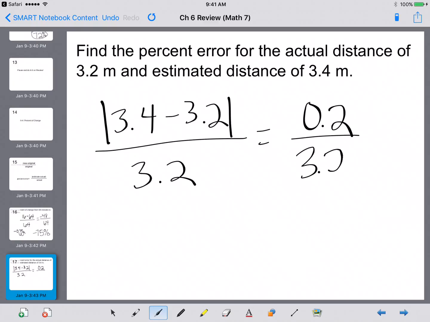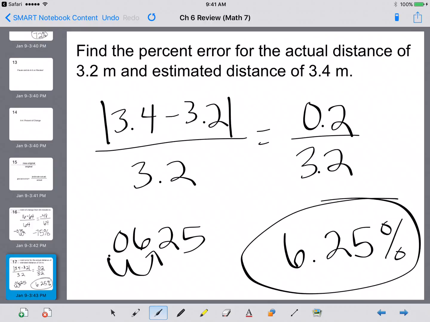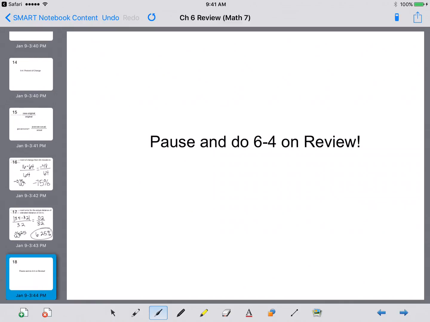Over 3.2. All you got to do is just divide that 0.2 divided by 3.2 to get 0.0625. We want that as a percent, so we move the decimal point over 2 places and get 6.25%. And that would be our percent error in this case. And you can pause and do 6.4 on the review now.